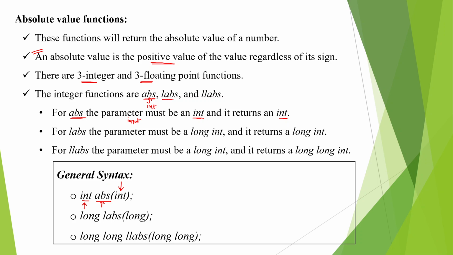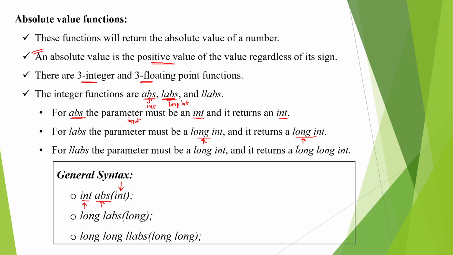Then the labs or long absolute function. This is associated with long integer. So labs will take the parameter, the input, as a long integer, and the return value will be a long integer only.